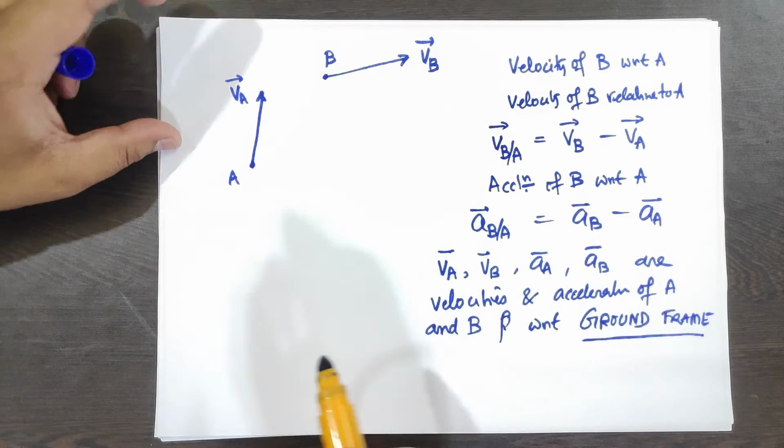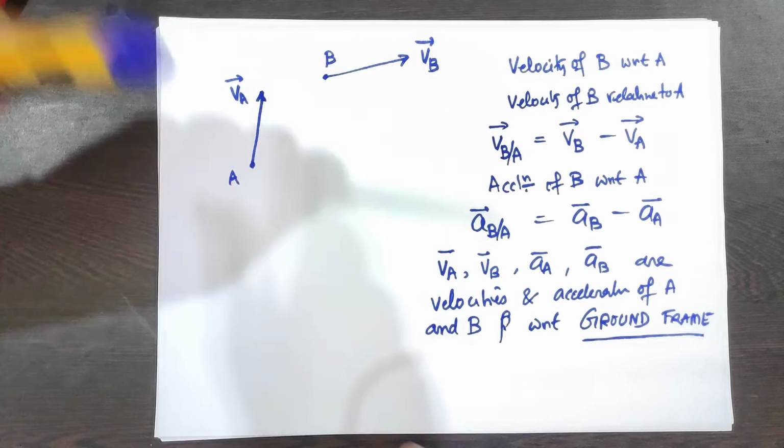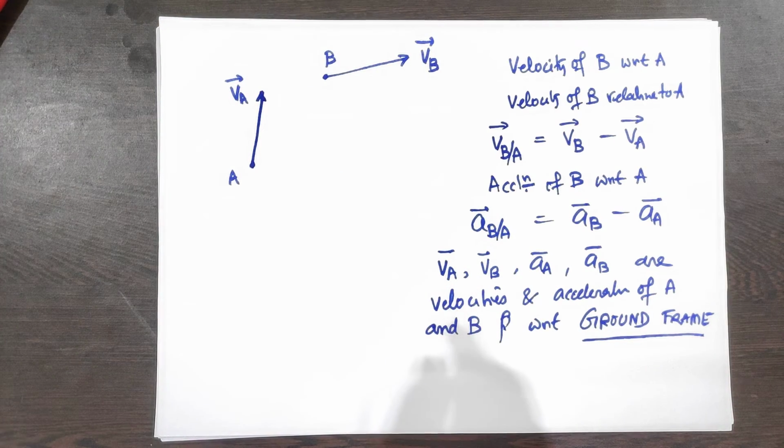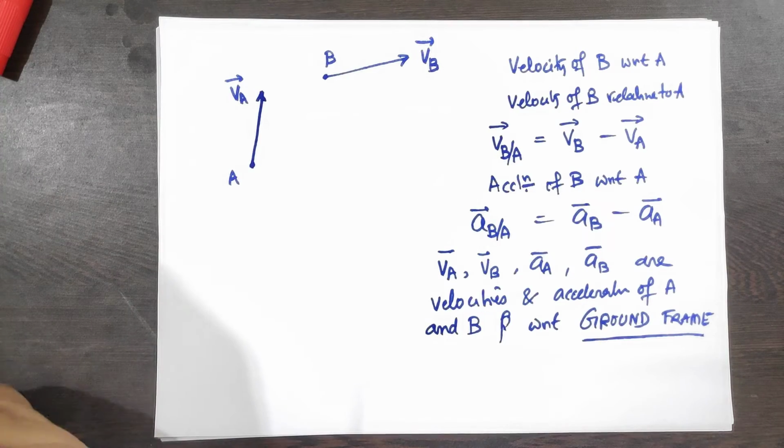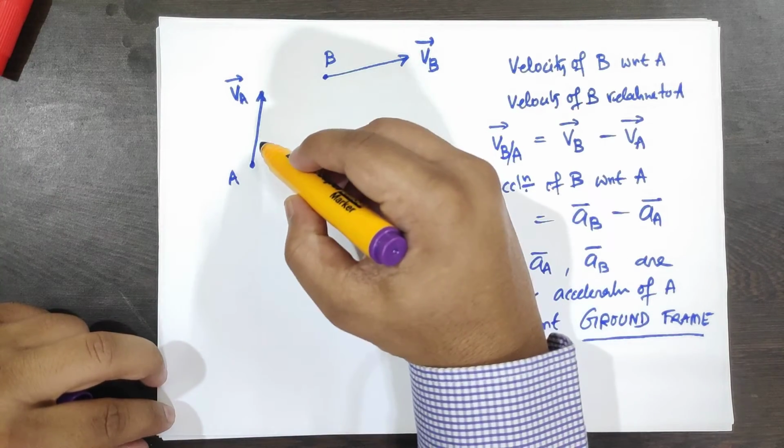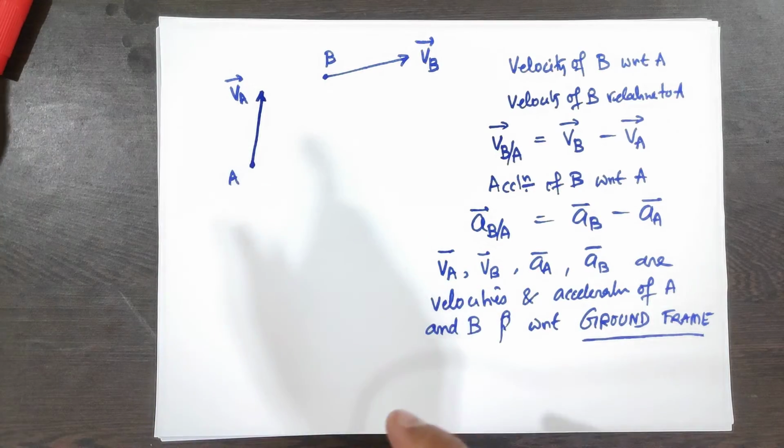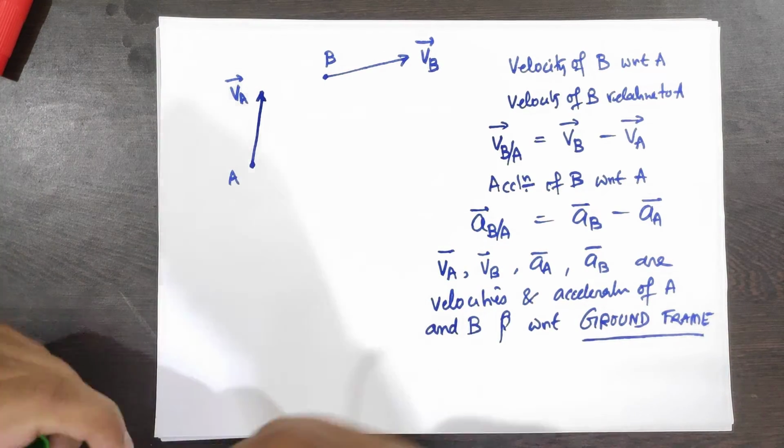It comes from the fact that, see, suppose this is, let's draw this vector, position vector.